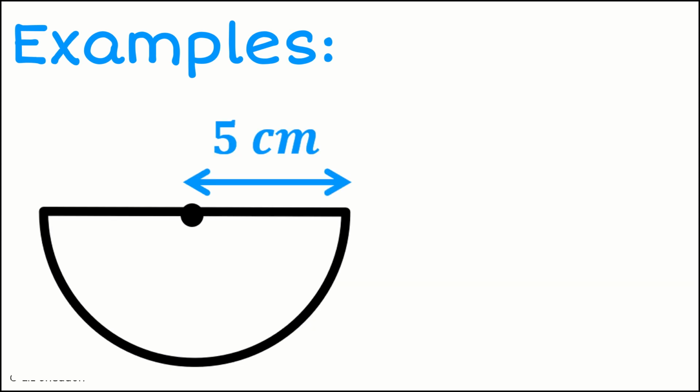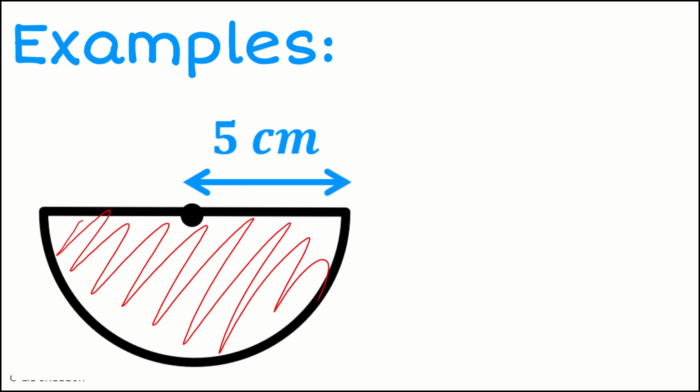Here's example number 3. I look at this diagram and the area that I need to find is half of a circle, so I only want to find half of that area. The 5 centimetres we've been given there is the radius, because it's the distance from the centre of the circle to the outside.